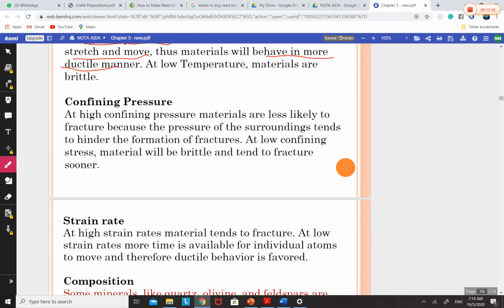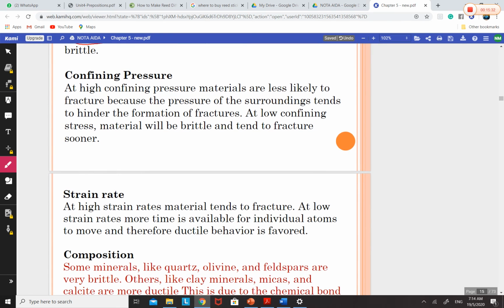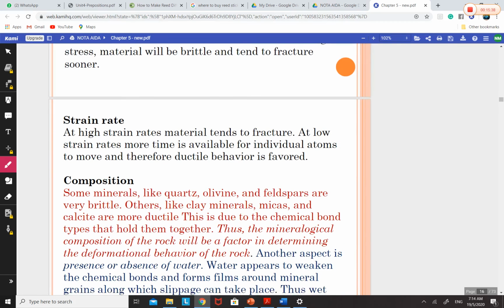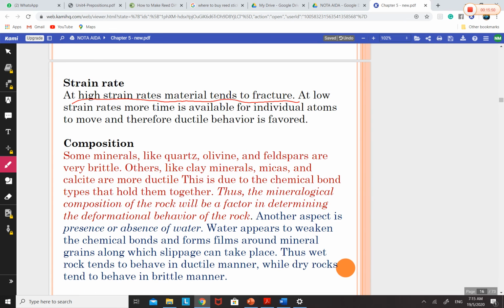Confining pressure: at high confining pressure, maknanya tekanan yang lebih tinggi, materials are less likely to fracture because the surrounding pressure tends to hinder the formation of fractures. At low confining stress, material will be brittle and tend to fracture. And at high strain rate, material tends to fracture. The deformation rate yang tinggi, possibility untuk fracture tu lebih tinggi.